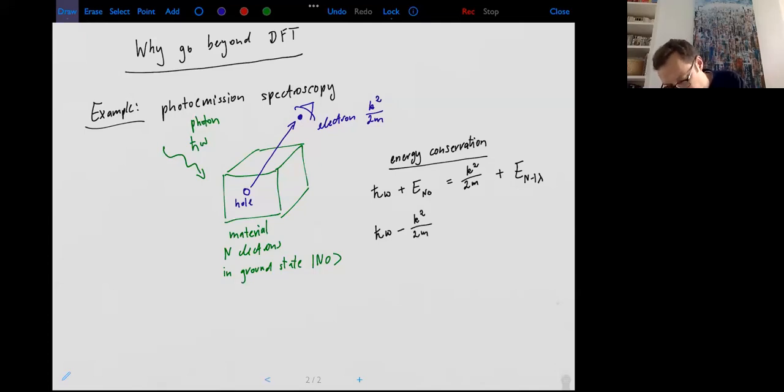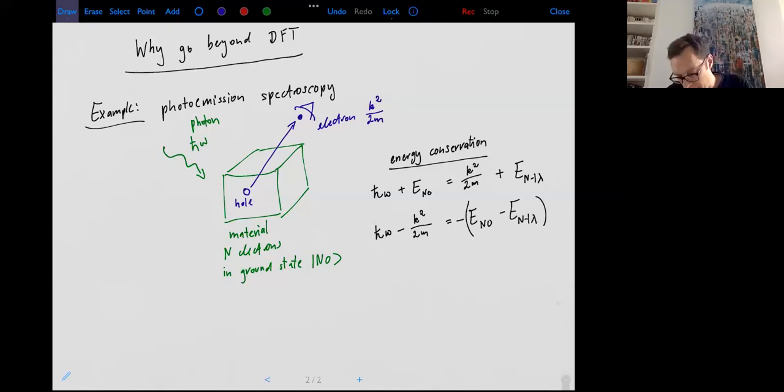But the things that we typically don't know are the energy of the ground state. And of course, we also don't know the energy of the n-1 electron systems in their excited state, right? So the left-hand side we know, the right-hand side we don't know.